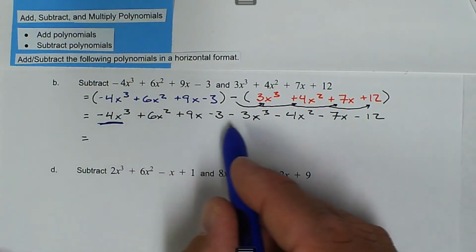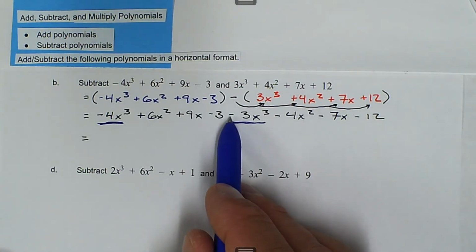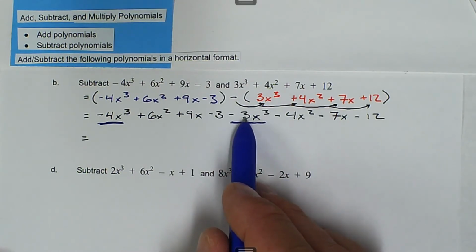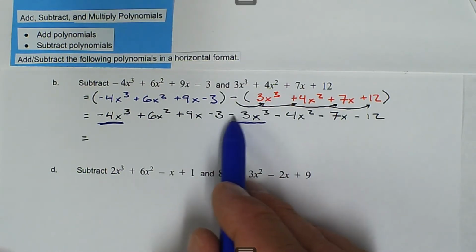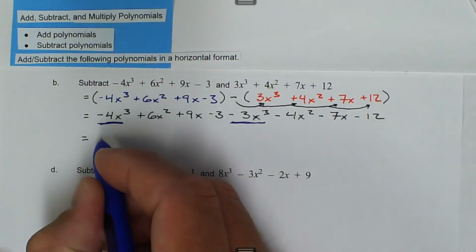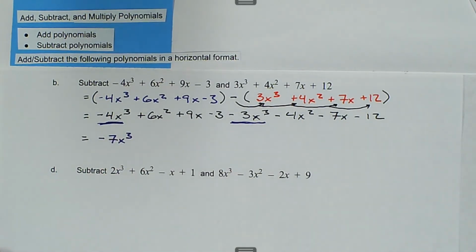We look for all of the terms that have x to the third in them. The sign in front of the coefficient always goes with the coefficient. So we have a negative 4 and a negative 3. That becomes negative 7x cubed.